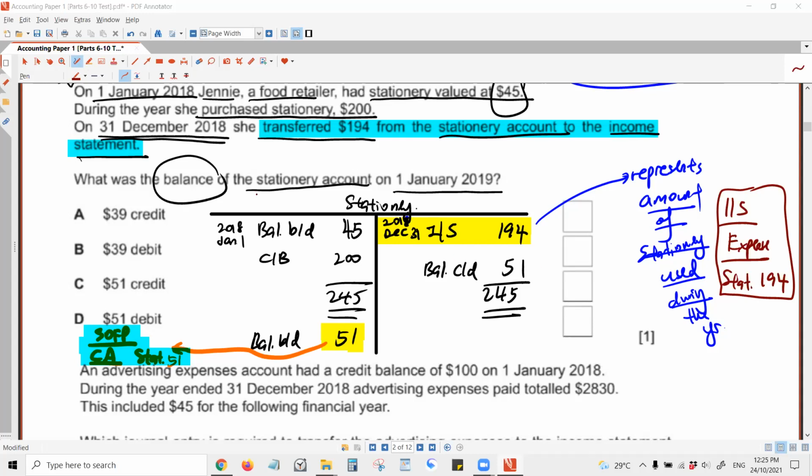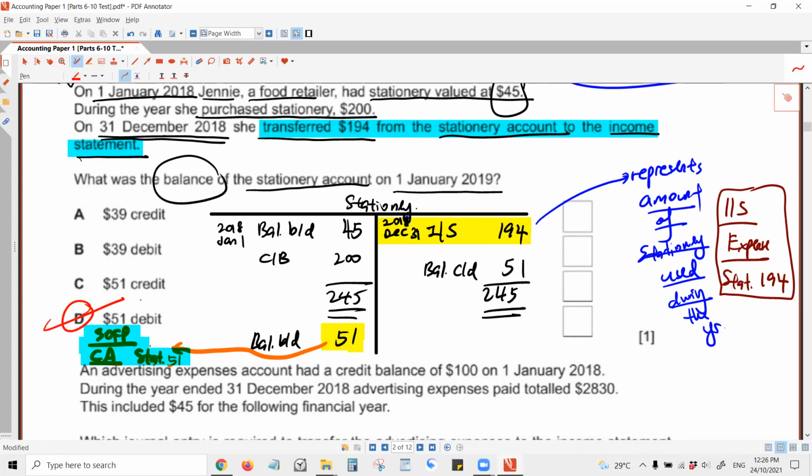Okay, wait for Yixun, Shermaine, and Wenhui. Oh, sorry, I overlooked. Okay, Yixun, you have answered. Okay, wait for Shermaine. Okay, my question is, answer is C or D? Answer is D.